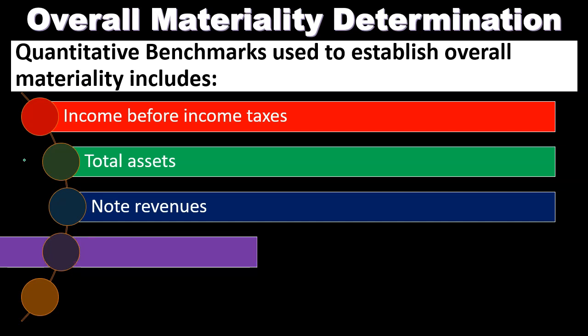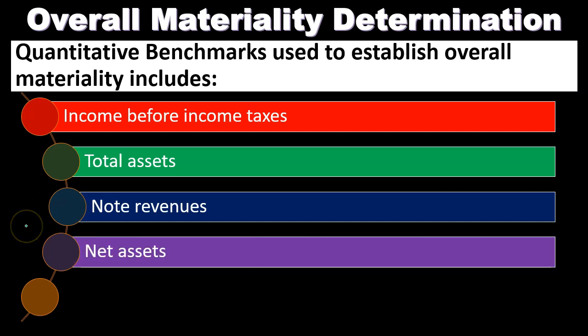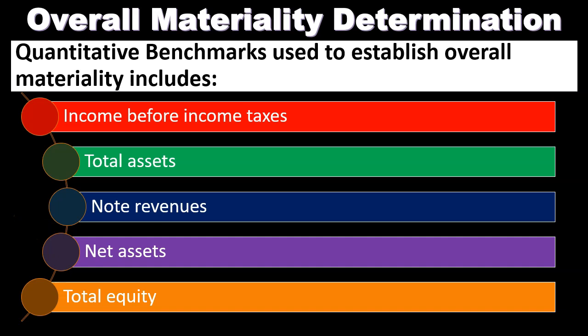Notes receivable, we might be using net assets, or we might be using total equity, and obviously total equity, assets minus the liability, giving the total equity. So these are the type of big numbers that we would think of as we would be considering whether or not something would be a material misstatement or not.